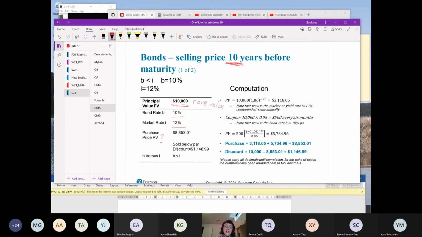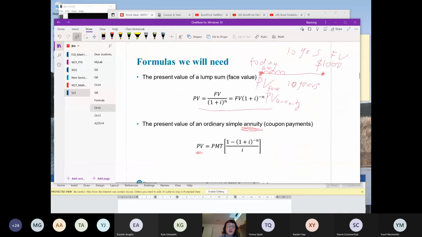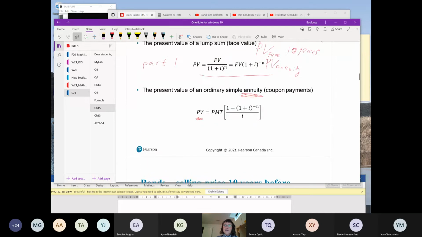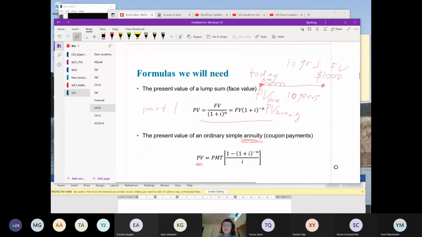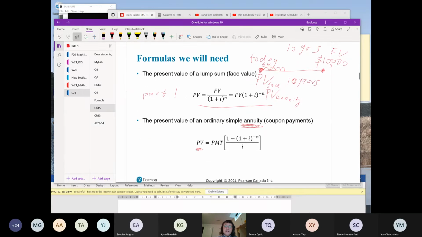The purchase price has 2 parts. Part 1, calculate the present value of the future value of that 10,000.